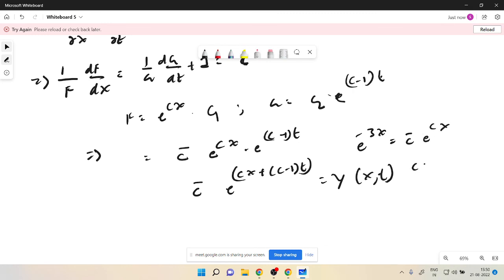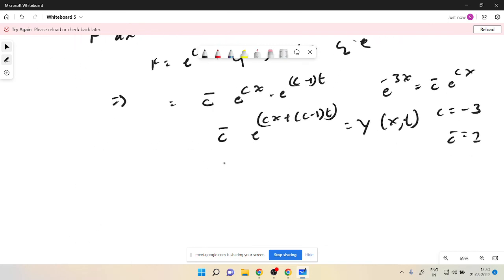So c has to be minus 3 and c bar has to be 1, otherwise this initial condition won't be satisfied. So this has to be minus e power minus 3x minus 4t.